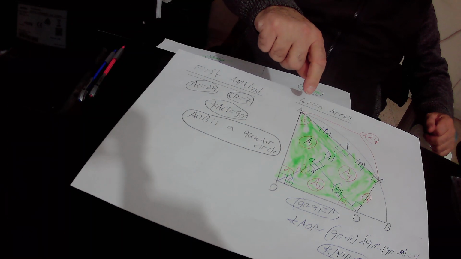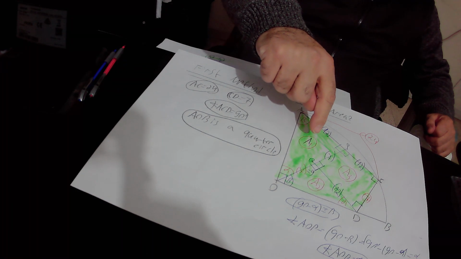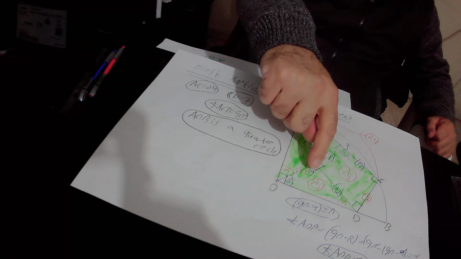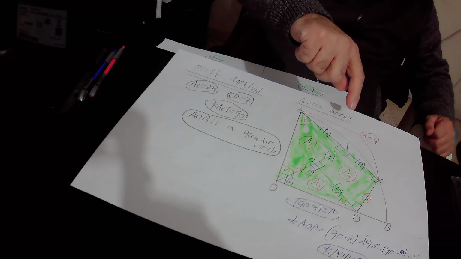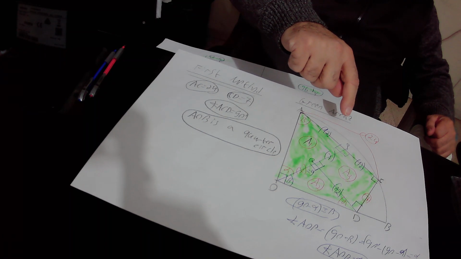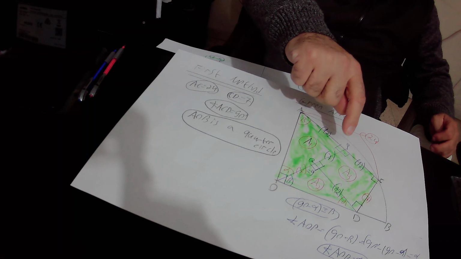The second part is the green right triangle QOD. We define this area as A2. And finally, the third part is the rectangle PCQD, and we define the area of this rectangle as A3.